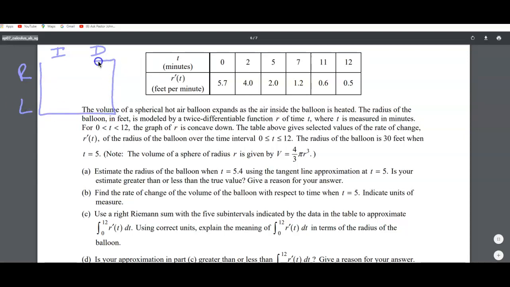If your function's increasing and you're doing a right-handed sum, it's an overestimate. If your function's decreasing and you do a right-handed sum, it's an underestimate. If your function is increasing and you're doing a left-handed sum, it's an underestimate. And if your function is decreasing and you're doing a left-handed sum, it's an overestimate.